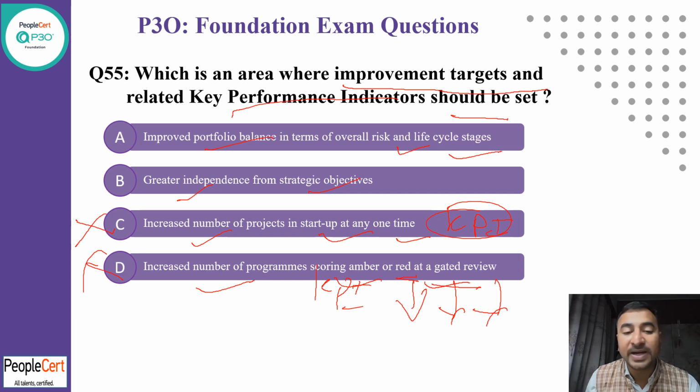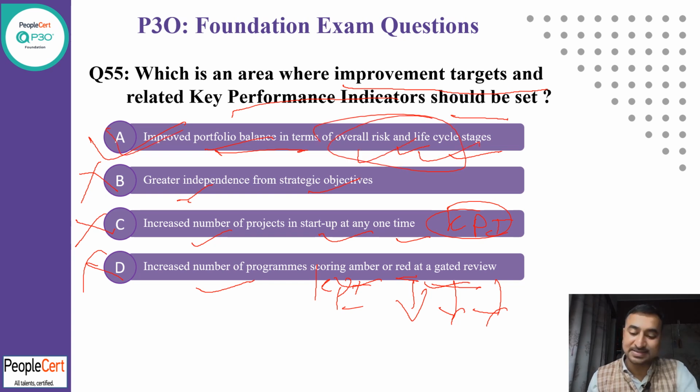Greater independence from the strategic objective, again not the right answer because you should have alignment between your strategic objective and your P3O. So I believe A, improve the portfolio balance in terms of the overall risk and the life cycle, should be the correct answer. Let's see.